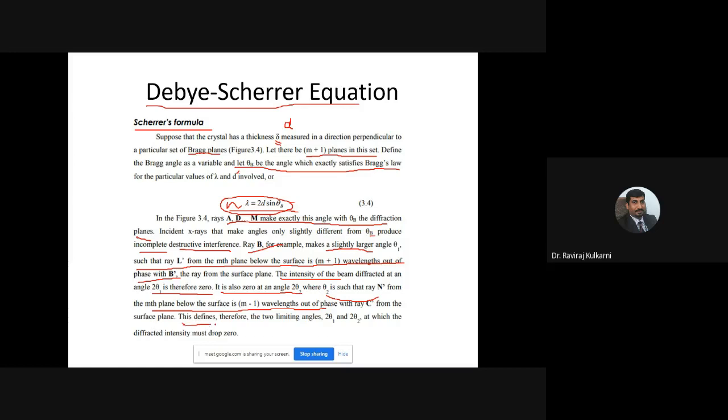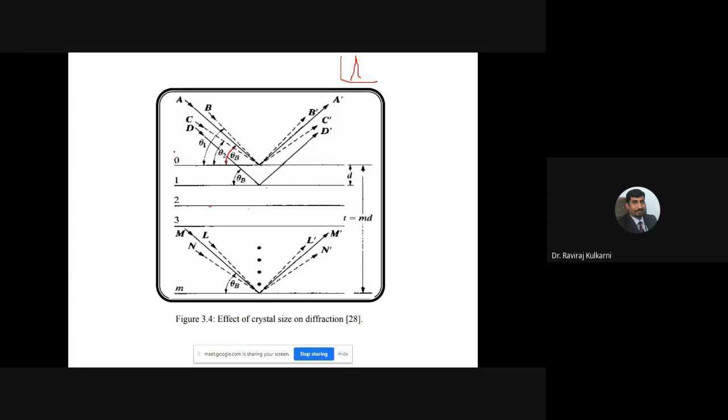This defines two limiting angles, 2 theta 1 and 2 theta 2, at which diffracted intensity must drop to 0. Only at this angle, theta B, should you get intensity. If it is theta 1, it should be 0 here, theta 2, it should be 0.